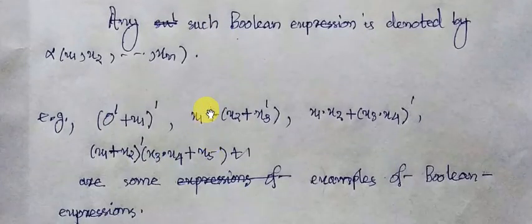Suppose x1 plus x2 plus x3 complement. x1 is a Boolean variable, x2 is a Boolean variable, and x3 is a Boolean variable.